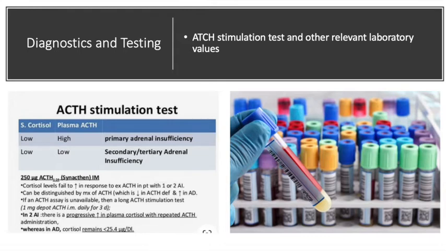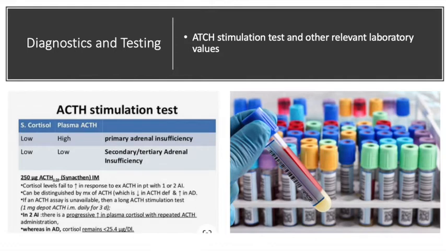To perform this test, ACTH is infused, and then the patient's serum cortisol levels are measured 30 minutes and 1 hour after the injection. This test is performed early in the morning because this is when the serum cortisol levels are most accurate.